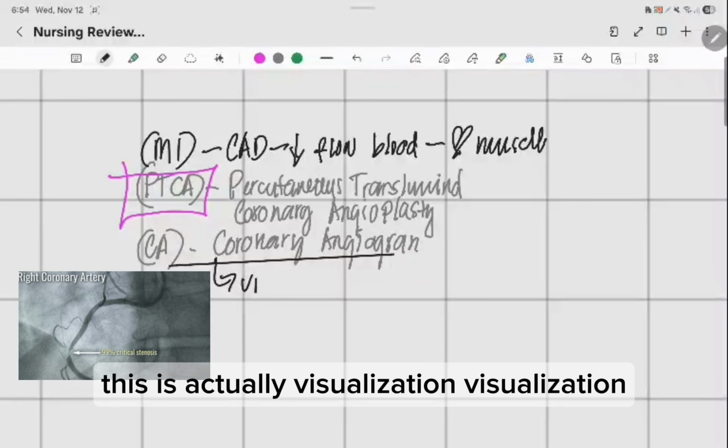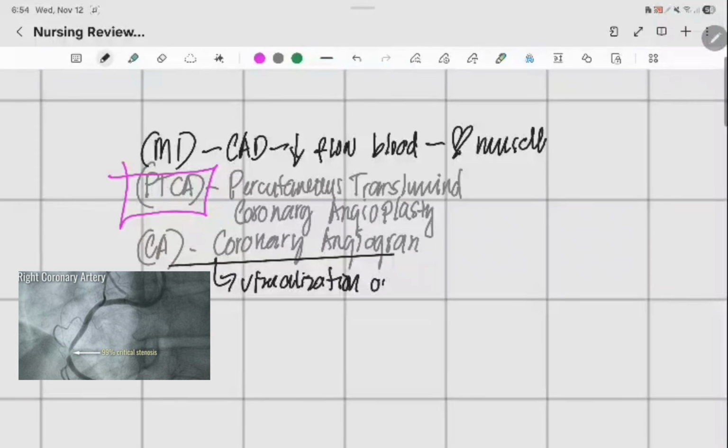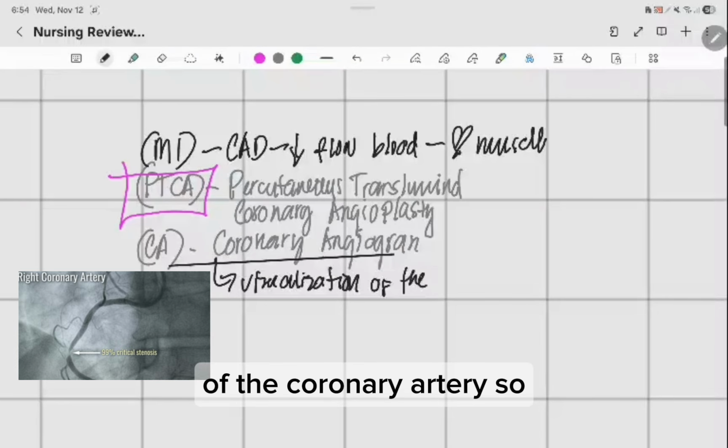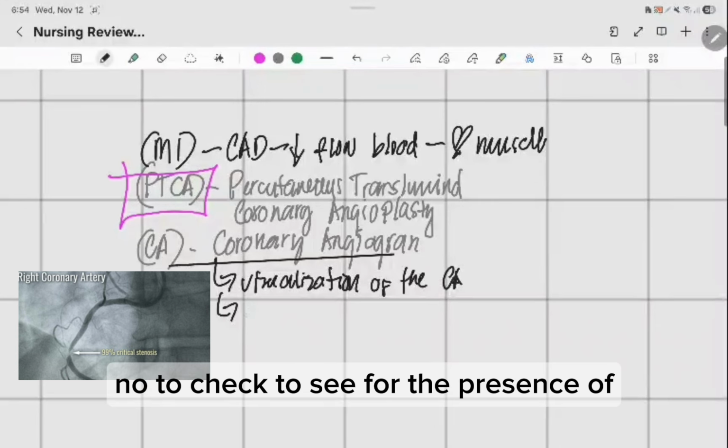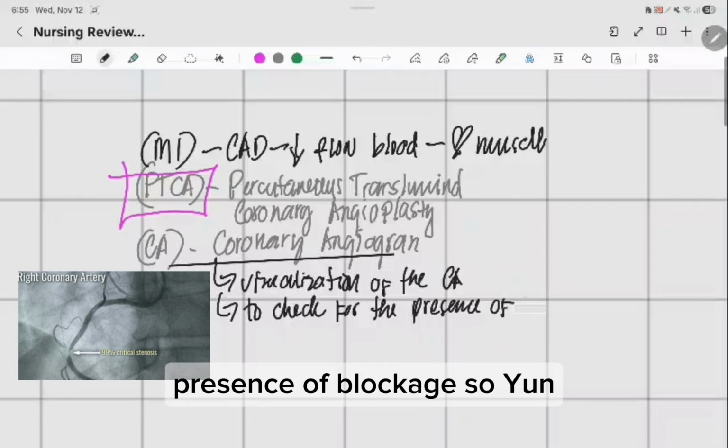This is actually visualization of the coronary artery, so that we can see if there is a presence of blockage, to check for the presence of blockage.